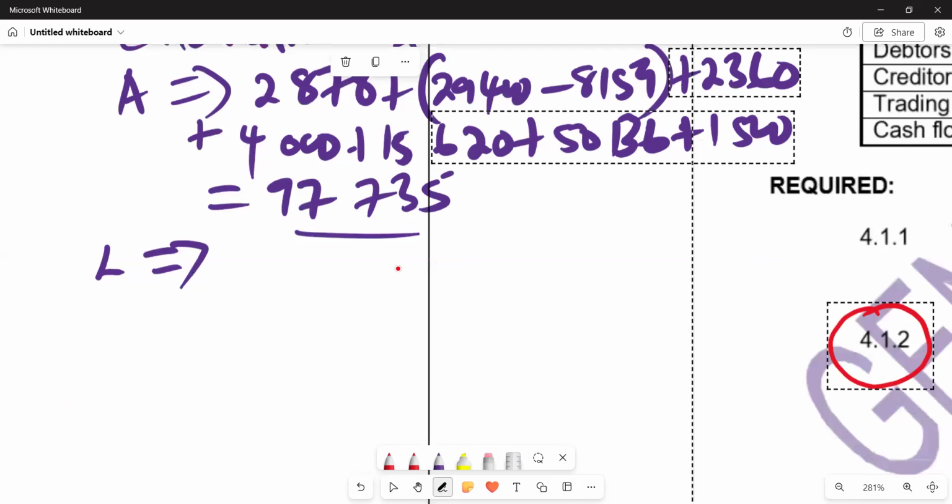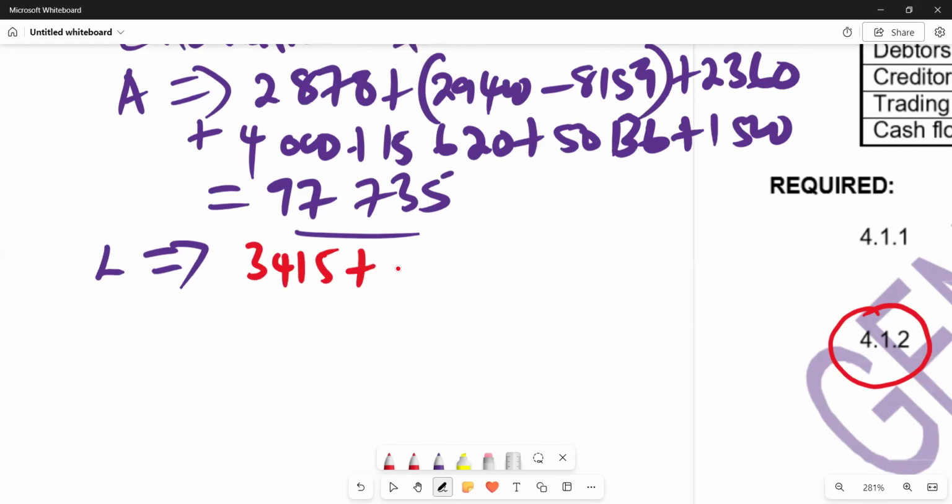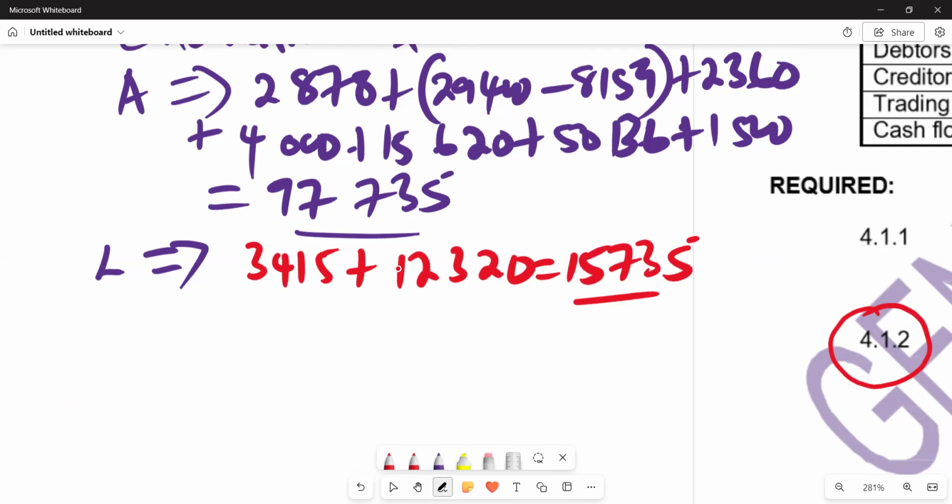So here we are saying 3,450, and then we add your 12,320. And then we are going to get your 15,735. Then we now have the total for assets and liabilities.